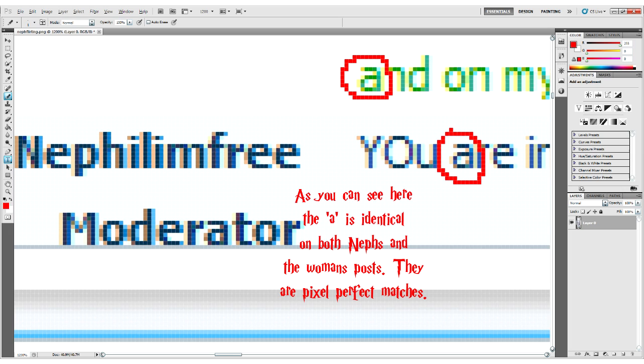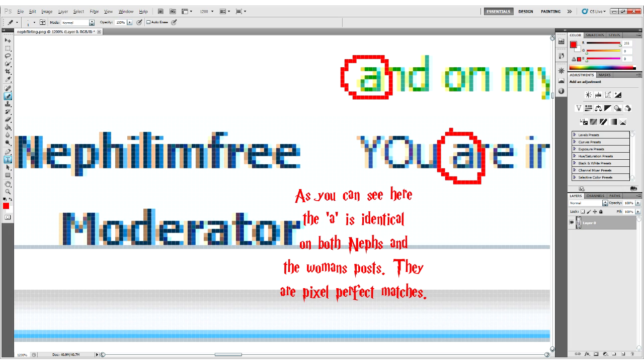But the most telling part is the faded pixels. Now, they're all different colours, and changing and altering them so that they match is a lot of hard work, because you then have to go through every line of text and every character to make sure that they all matched up and they were all right.